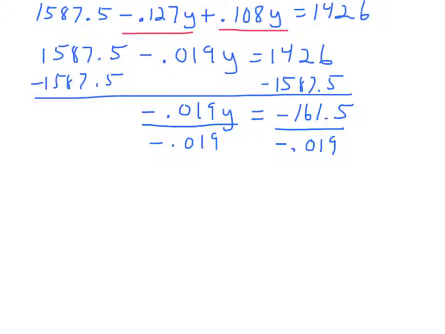I've combined the like terms and then subtracted 1587.5 from both sides and then divided both sides by negative 0.019. And the answer comes out to, for y, to equal 8,500. So that would be $8,500. And that's the amount of money invested at 10.8%.